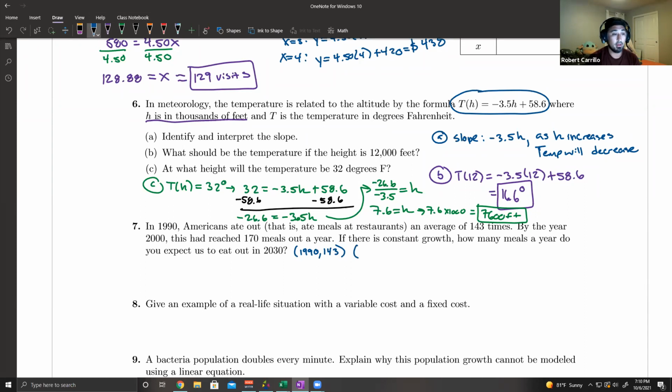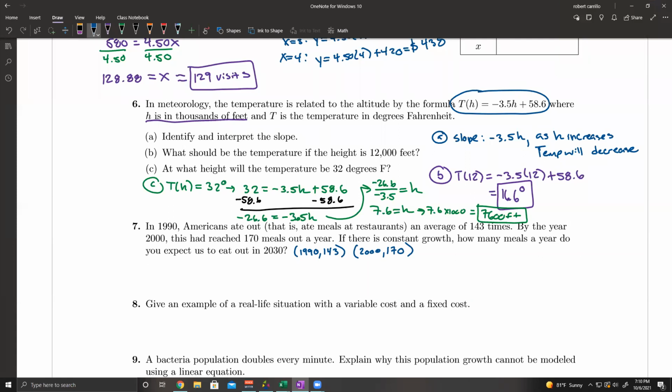And then in 2000, they ate an average of 170 meals. Well, we've seen this before. If you're given 2 points, what can you find between 2 points?